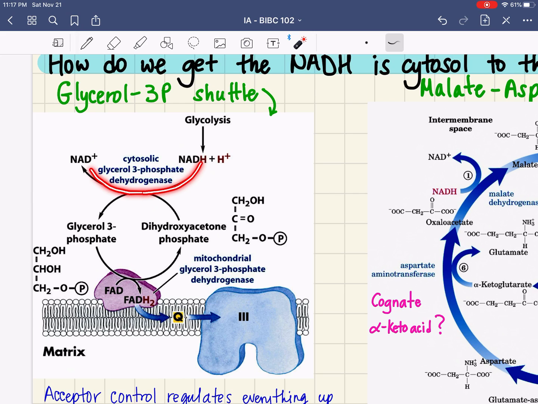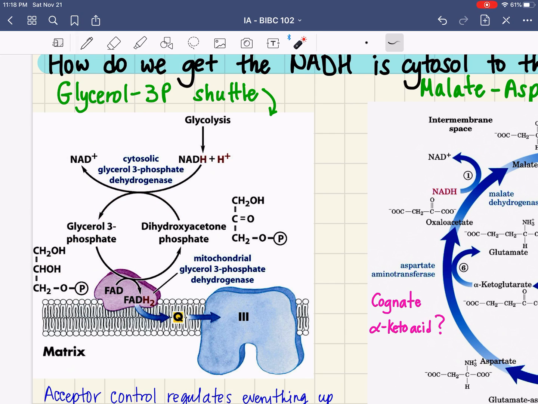We regenerate NAD+, and those electrons go onto this carbonyl of dihydroxyacetone phosphate. This carbonyl is reduced into an alcohol, making this molecule glycerol 3-phosphate.